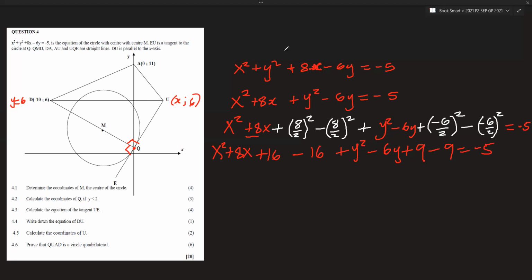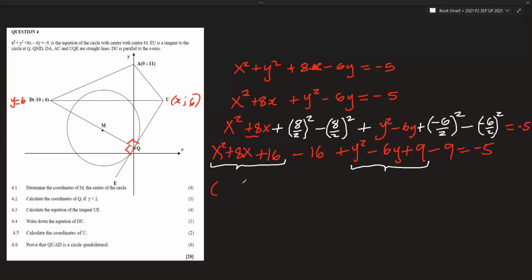What you do now is take the first 3 terms here, which is a perfect square trinomial, and you also take the first 3 terms on the y, which is also a perfect square trinomial. And then we're going to have this now.